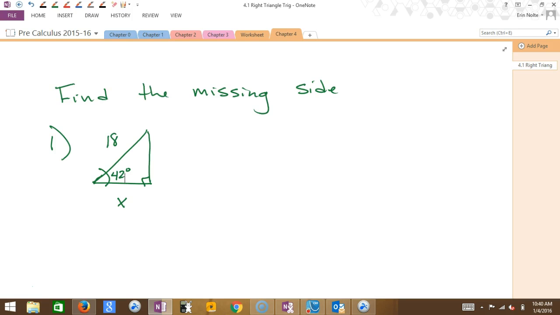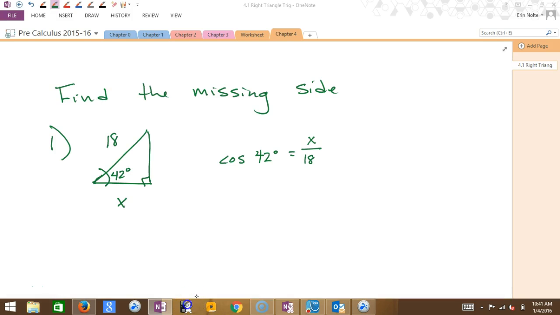Okay, so cosine. We have adjacent and hypotenuse, so we're using cosine. So what's my ratio going to be? The cosine of 42 degrees is equal to adjacent over hypotenuse, so it's going to be x over 18.